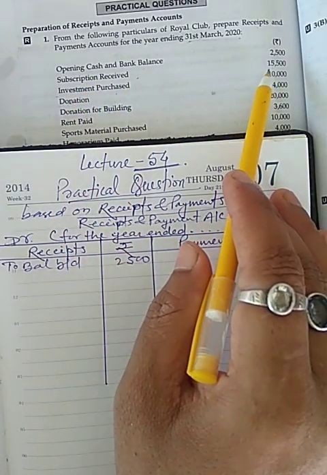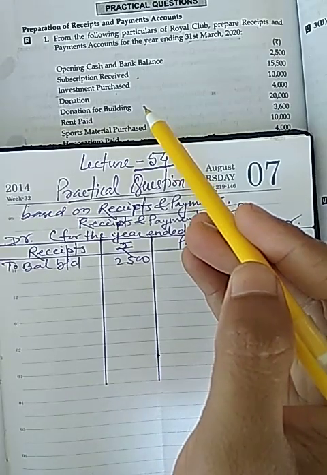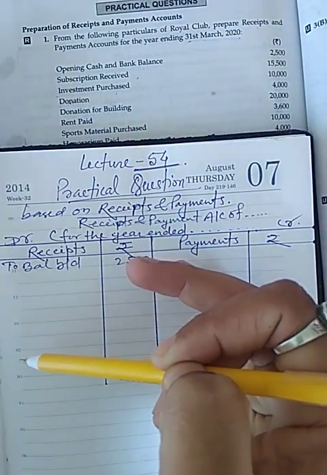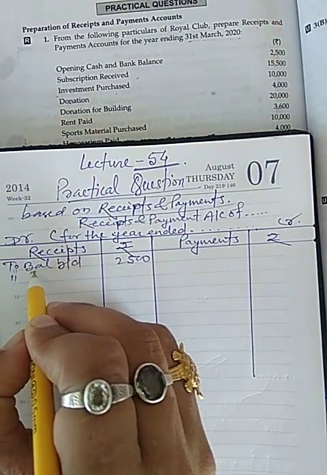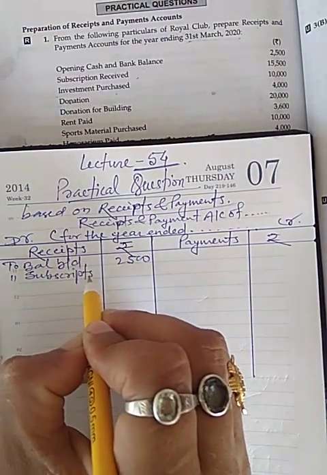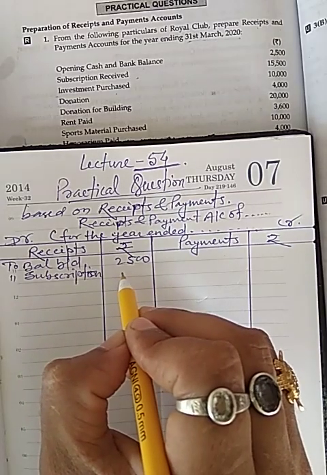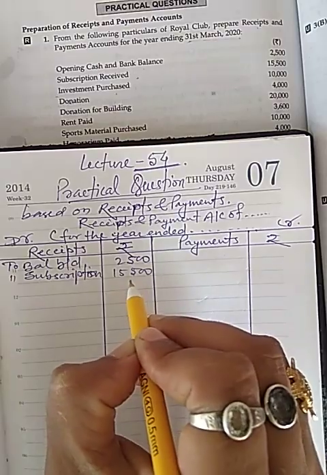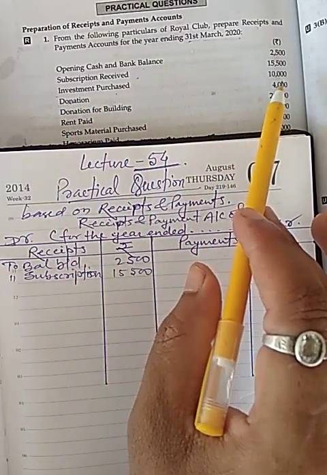Now subscription received. Any received will be shown in receipt side. So subscription will be 15,500. Now next point is investment purchase.